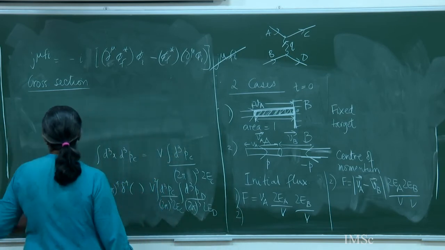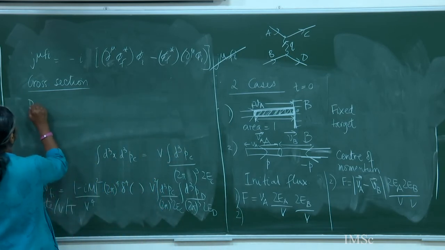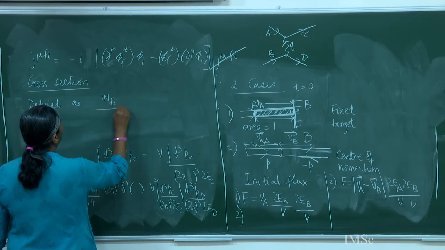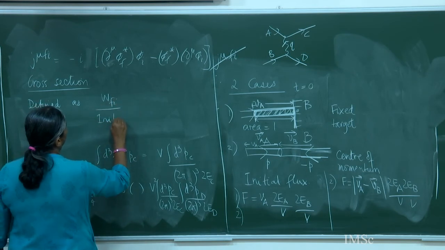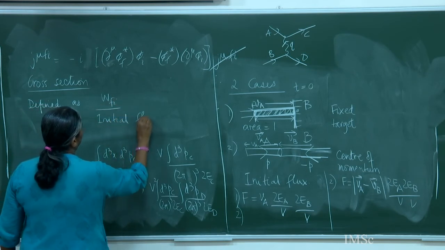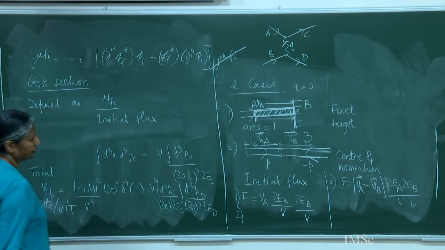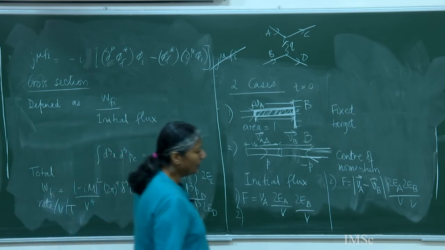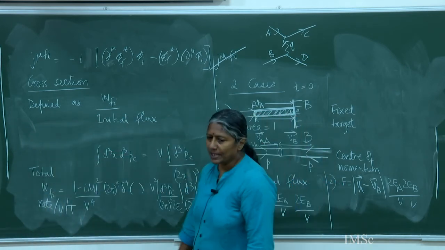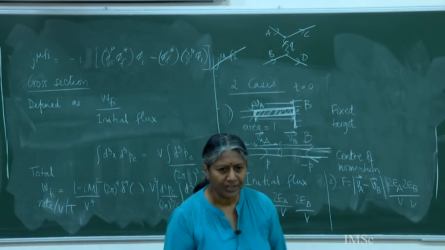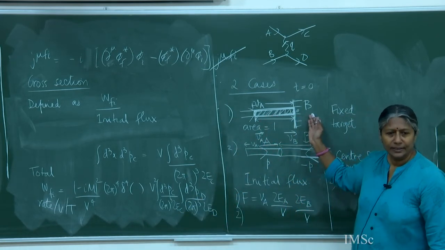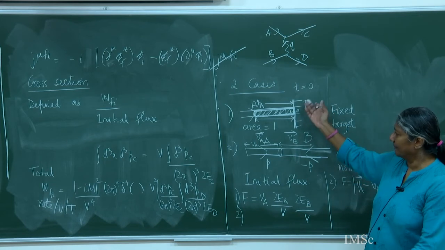So now what I am going to do is I am going to include that also. So now I will call cross section is defined as WFI by initial flux. Okay. So why do we do this? Suppose I do my experiment, I have a very fat beam, okay, and then I have a target which is some whatever.